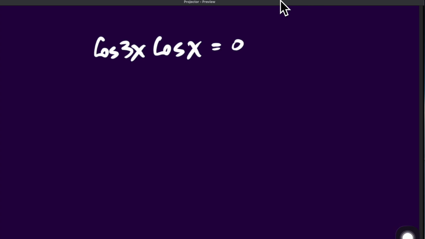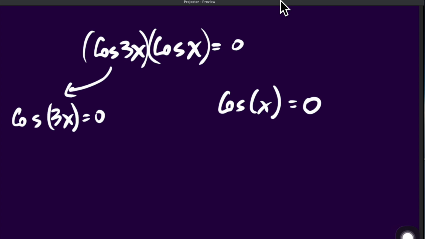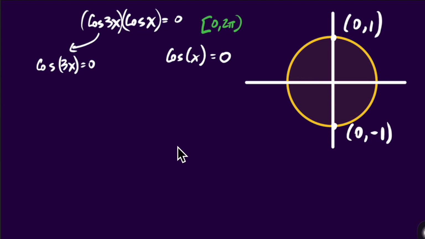So folks, if you use the zero product property, that means we're going to have the cosine of 3x equals 0 and the cosine of x equals 0. And we're going to solve both of these equations, and we're going to include all the solutions for the solution of the original problem. Let's proceed with solving both of these factors set equal to 0.